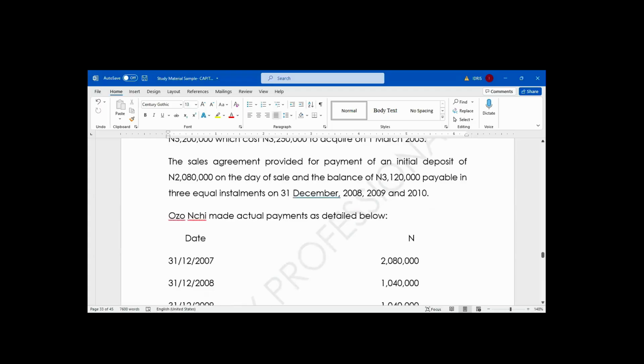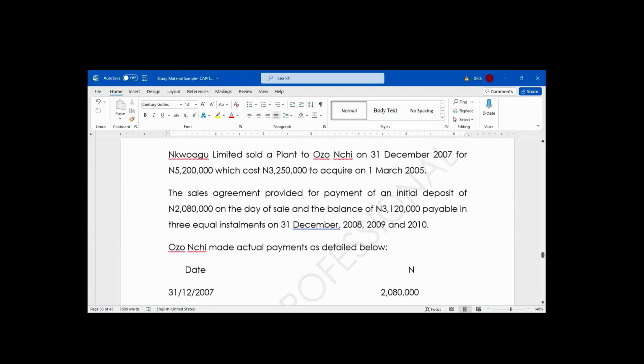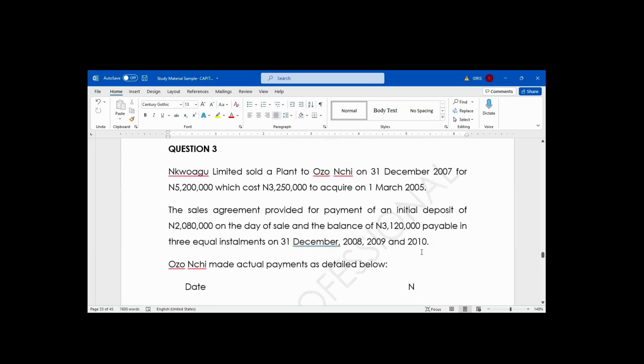Who can tell me the difference between this question and the first one we solved? Well, let me try. This one, the seller is selling, and the buyer is paying some amount on installment.